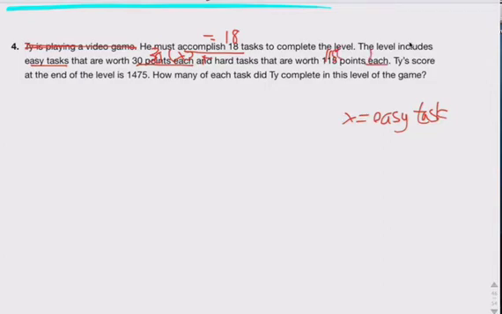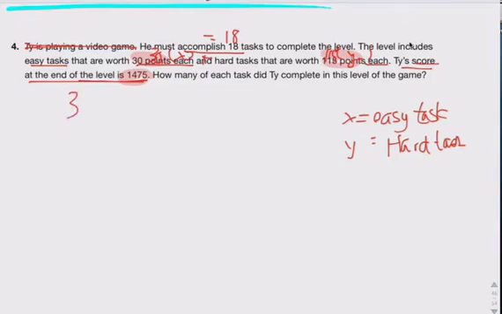Each means times the hard tasks, y. Ty's score at the end of the level is 100, and so his score equals this. So you've got, these are all scores here, 30 points, 150 points, so it equals this many points all together.